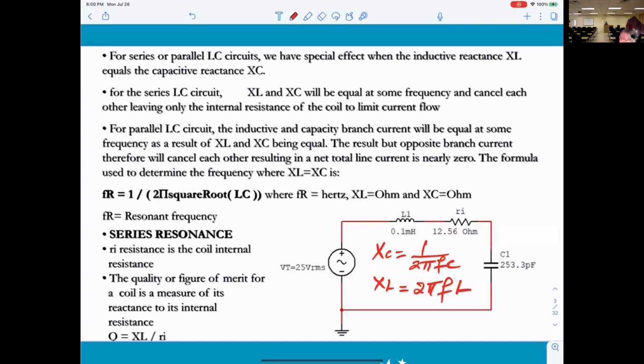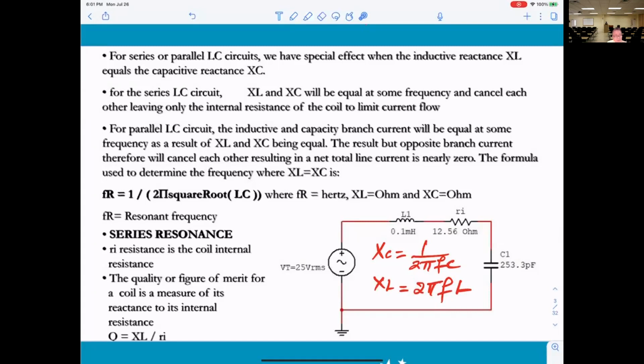So when you increase the frequency going up, XC will be going down, but XL will be going up. And we already know XC and XL will be all the time 180 degrees out of phase.